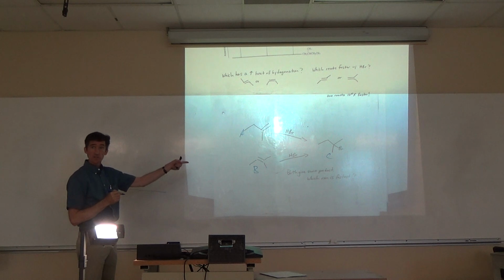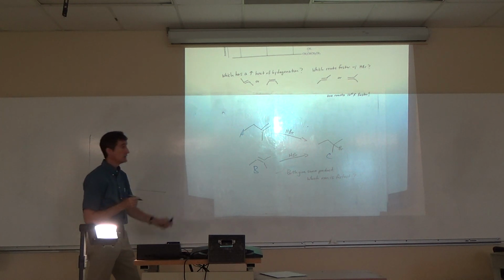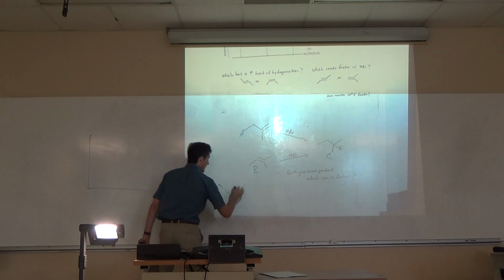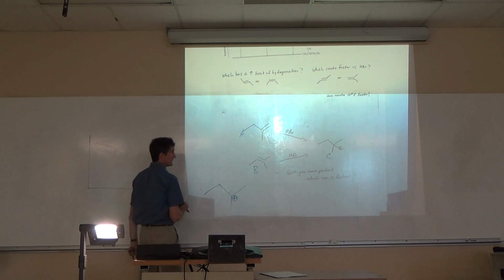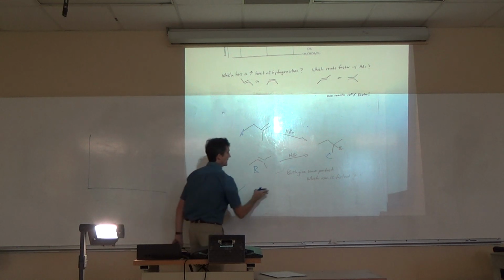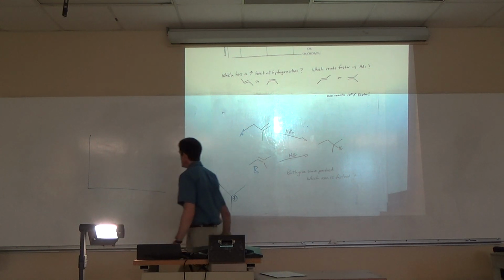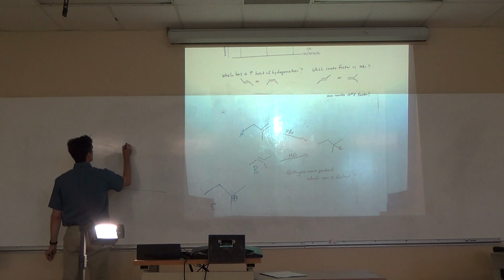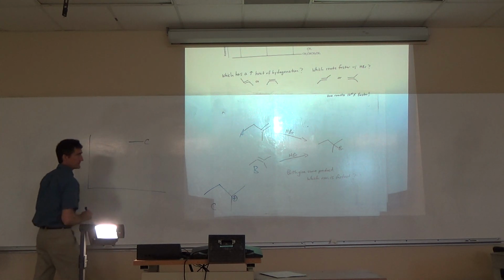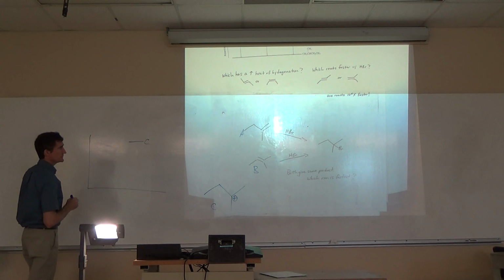Talking about rate, let's look at the rate determining step. They both form the same cation. Let's call it C, and let's put C here. They both form that upon reacting with H+.